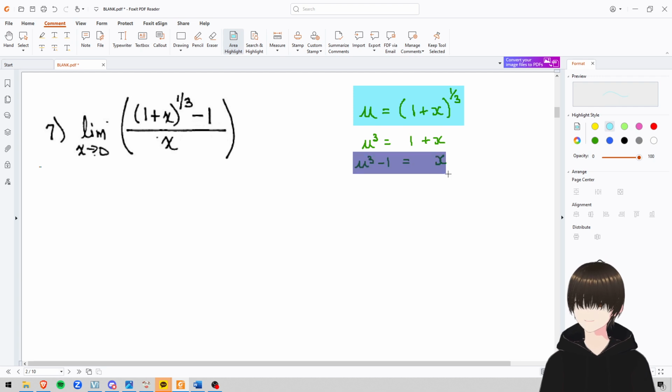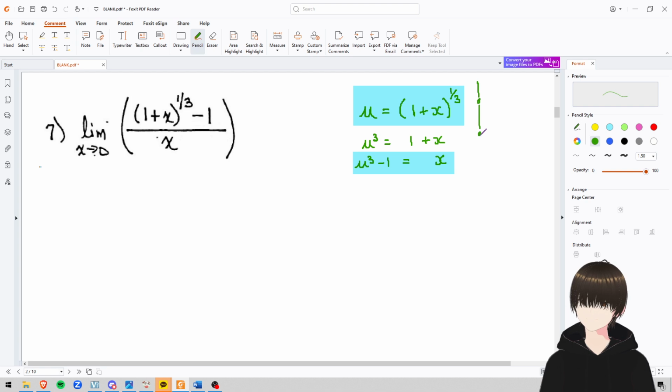I will have to use this to substitute another point. And also for the limit, if x is approaching 0, what does that essentially mean? It also means that u cubed minus 1 is approaching 0. That also means u cubed is approaching a positive 1.